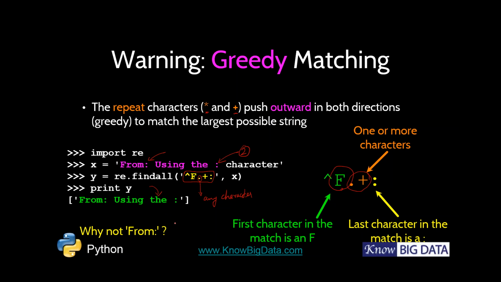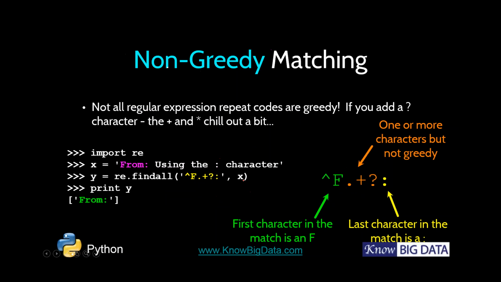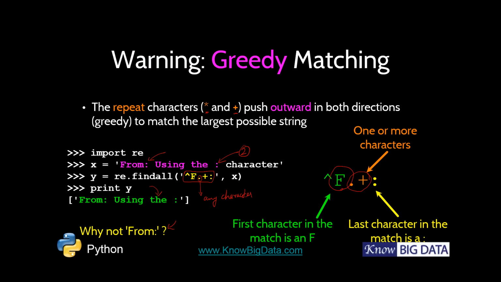Why does it not end over here? Because we have given dot, which matches all the characters it finds, one or more times. We'll see how it can be done for non-greedy. This is called greedy because it is matching the largest possible.